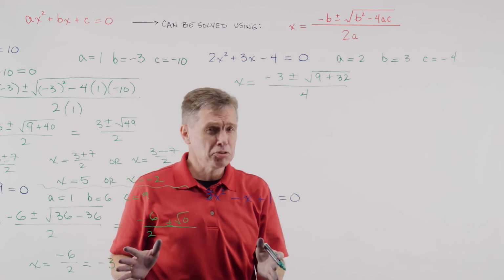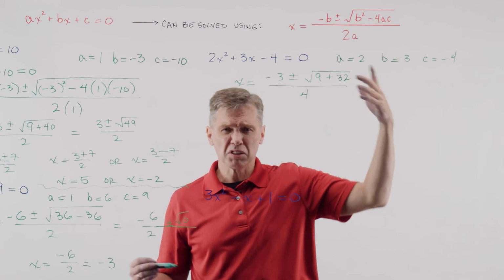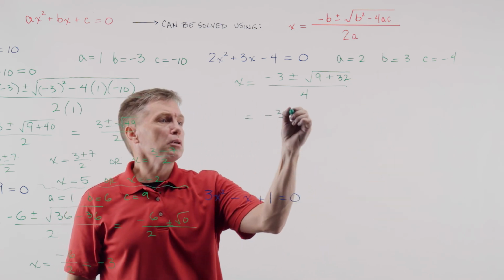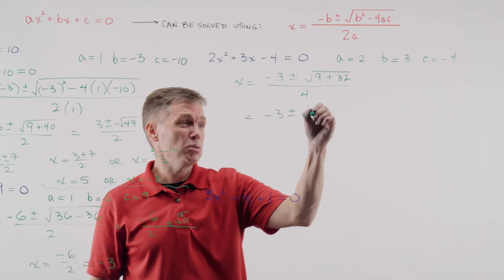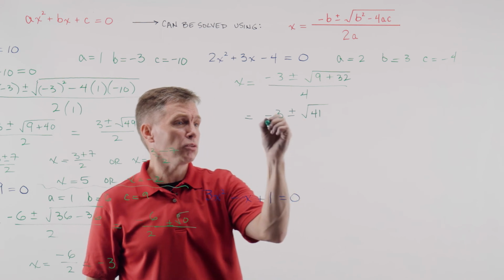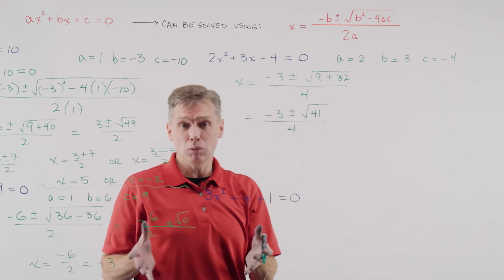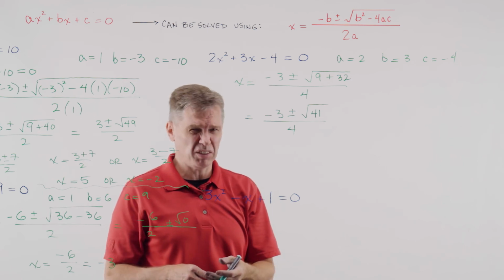Check my numbers, but I'm just doing number crunching, right? Just putting the a, the b, and the c into the right place in the formula and then just grind it out. Then I'm getting minus 3 plus or minus square root of 9 plus 32 is 41 under that square root. And if I could clean that up under the radical, I would, but square root of 41 doesn't break down, doesn't simplify at all, so that's it.